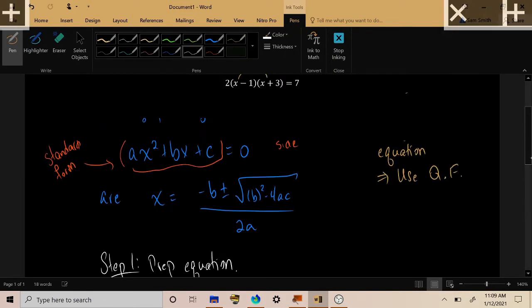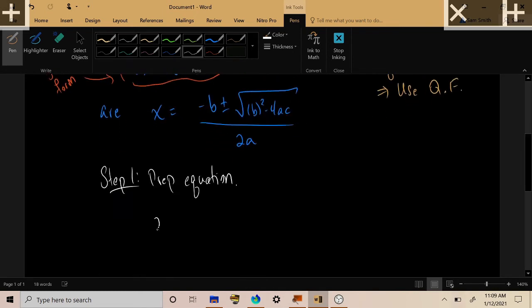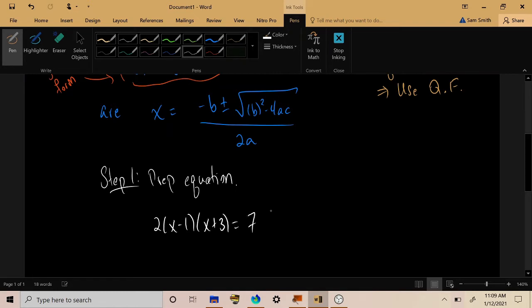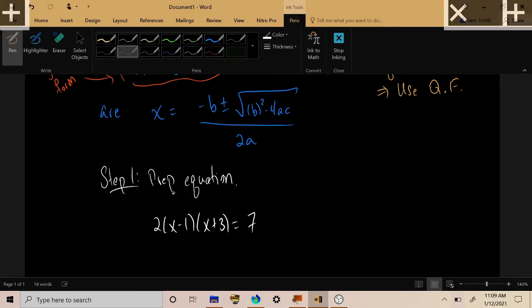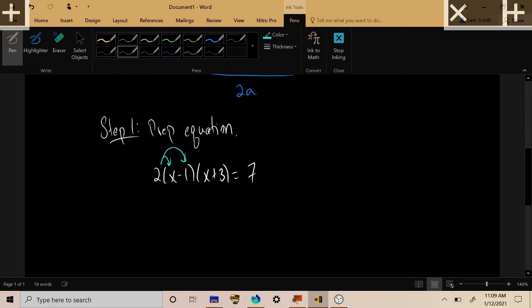Alright, our equation was 2x minus 1 times x plus 3 equals 7. And let me start by distributing some of these products. I'll distribute 2 first, and that gives me the quantity 2x minus 2 times the quantity x plus 3.